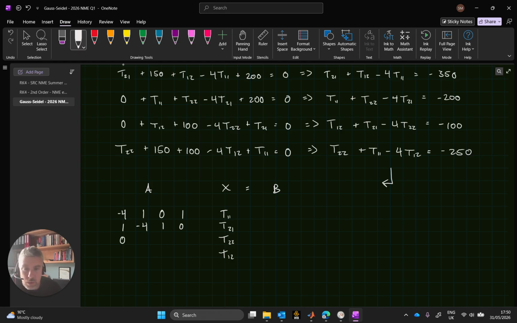T21s, I have 1. T22s, I have -4. And T12s, I have 1. And finally, on my last equation, T11s, I have 1. T21s, I have 0. T22s, I have 1. And T12s, I have -4.